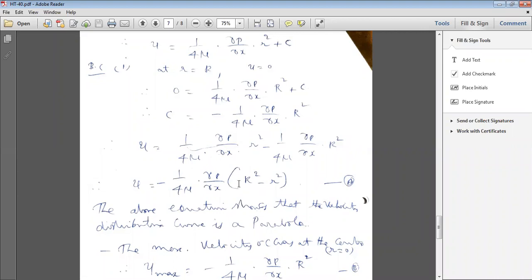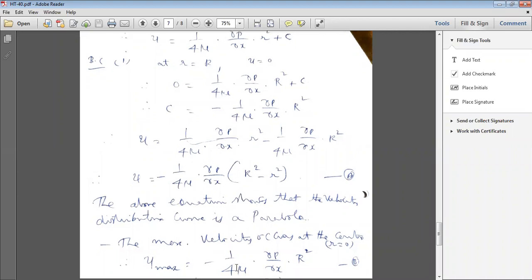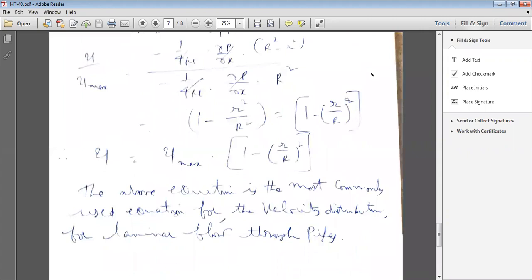Divide equation A by equation B. So u by u max is equal to the u value, minus 1 by 4 mu into dou p by dou x into capital R square minus small r square, divided by the u max value, minus 1 by 4 mu into dou p by dou x into capital R square.